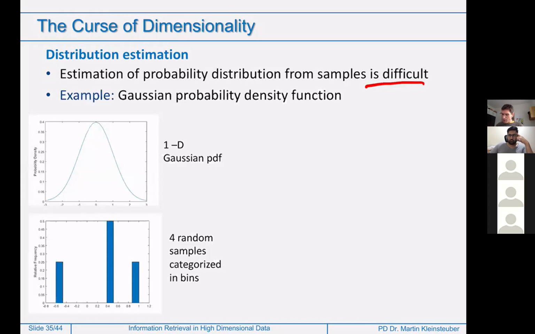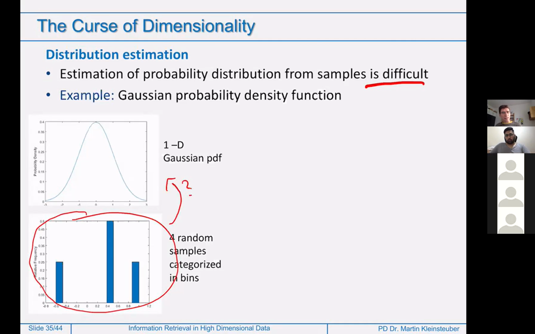Now, if you only have these samples, if someone gives you these 4 random samples and says, go ahead and estimate the probability density function of the underlying distribution, you would need to go backwards and estimate that. There are ways of doing that.